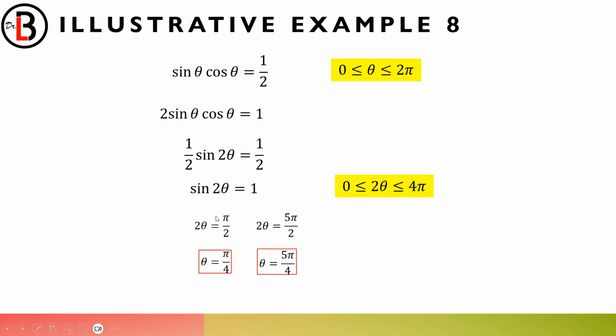So the sine will be positive at 90 degrees, and then coterminal, that's more than one revolution, is 5 pi over 2. However, since this is 2 theta, I need to make it theta and divide it by 2, making it pi over 4, and then this one is 5 pi over 4.